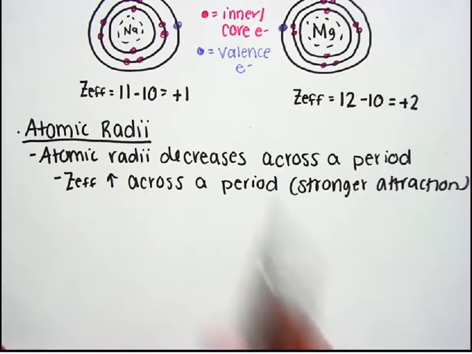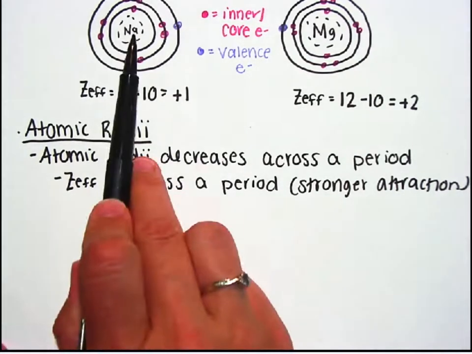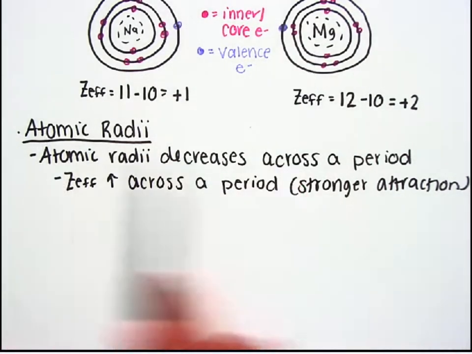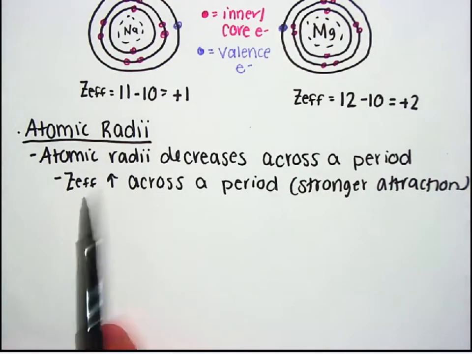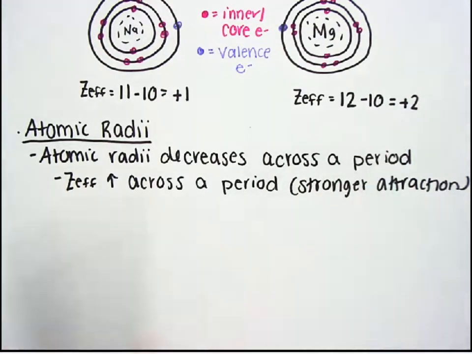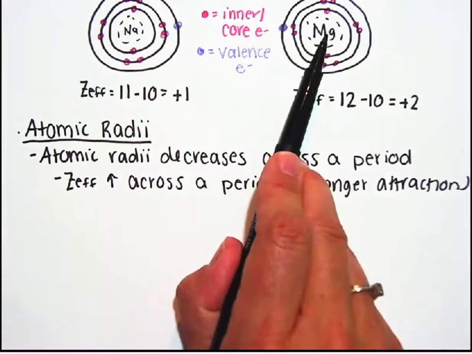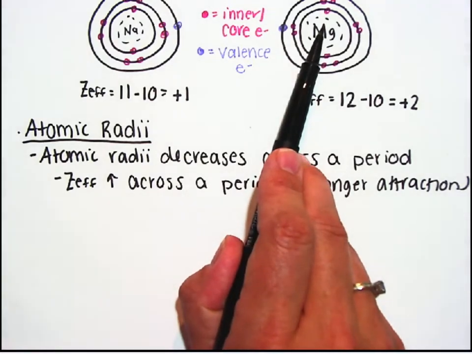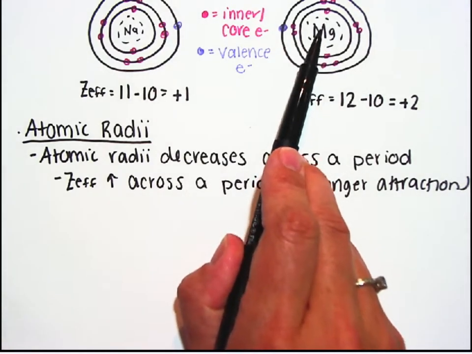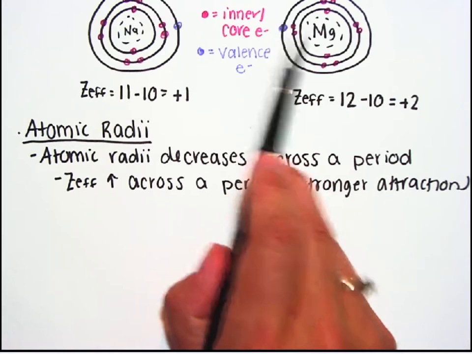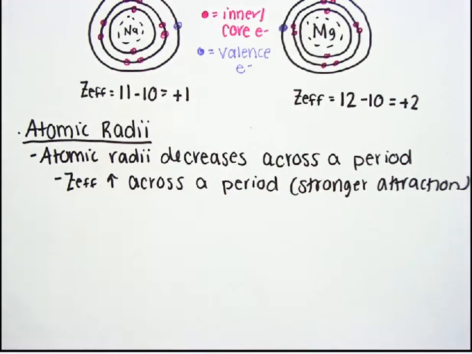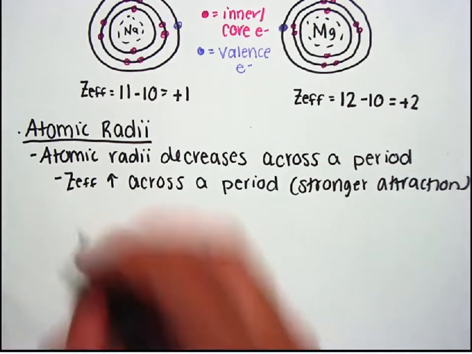We saw that when comparing sodium to magnesium, as I go across the period, the ZEF is increasing. If the ZEF is increasing, the attraction is getting stronger. So magnesium has a stronger attraction from its positively charged nucleus to its valence electron. Well, how does that affect atomic radius?